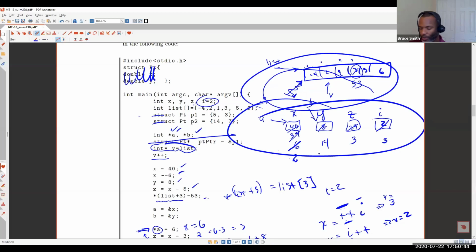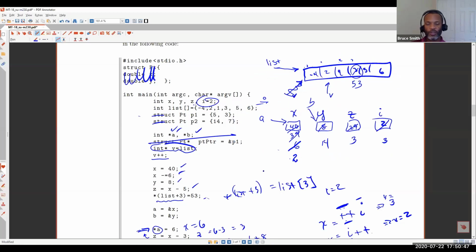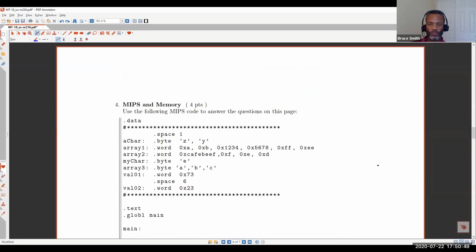And you should be able to walk through this and change the values as you go through the code.